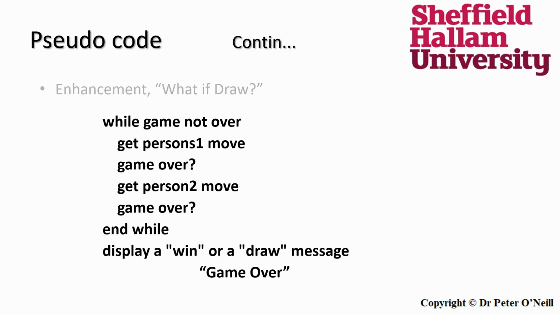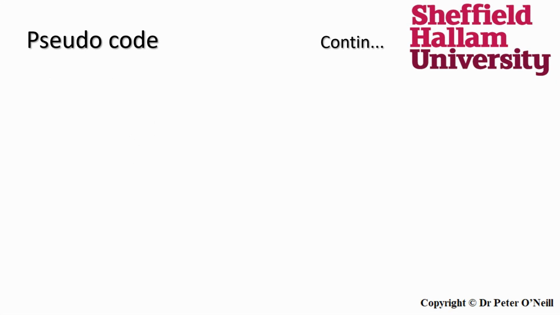Get person 1 move, game over, right? Get person 2 move, game over, end while, display winner or draw message. So we're actually putting a flag on it and it will drop out at that point. It's the message box here that says what it will do. But again, it's still quite a way away.